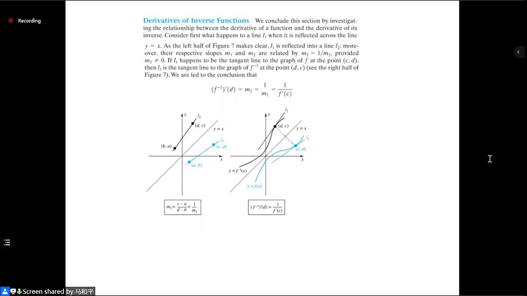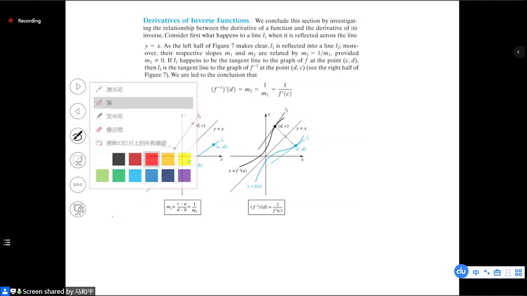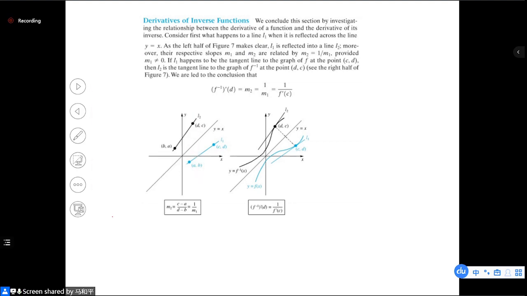As the left half of Figure 7 makes clear, L1 is reflected into a line L2.